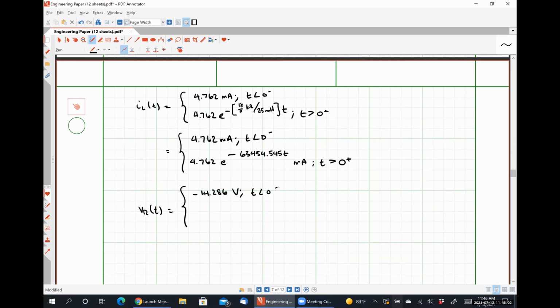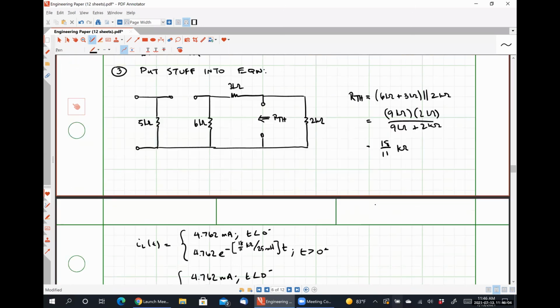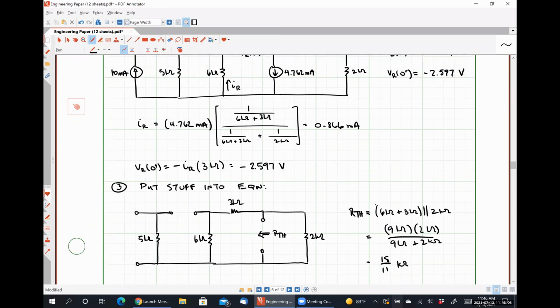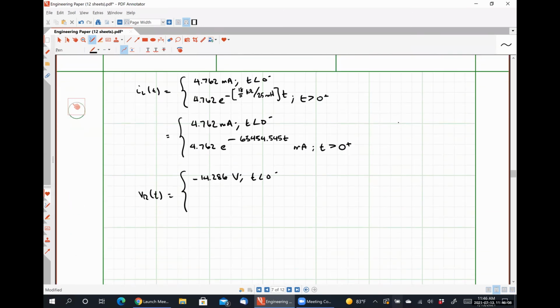And the voltage at t equals 0 plus was negative 2.597. E to the minus that same thing, 65,454.545 t volts for t greater than 0 plus.